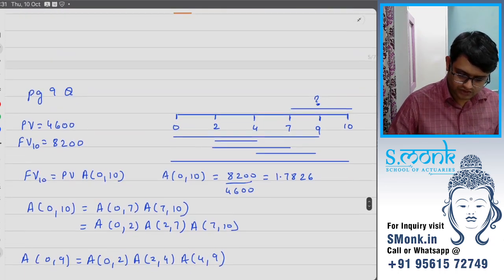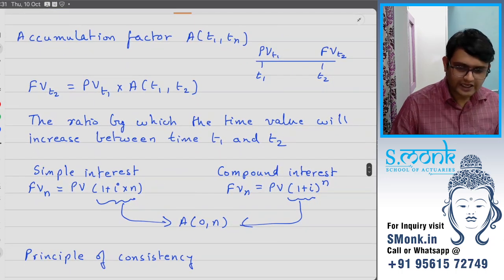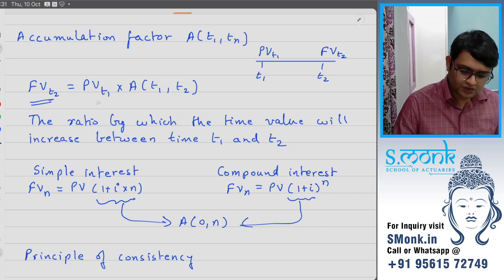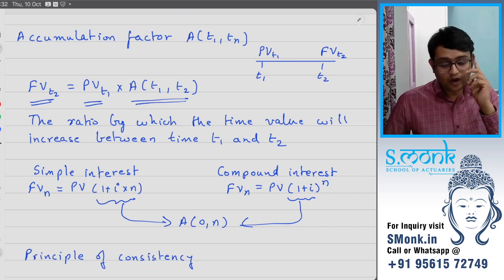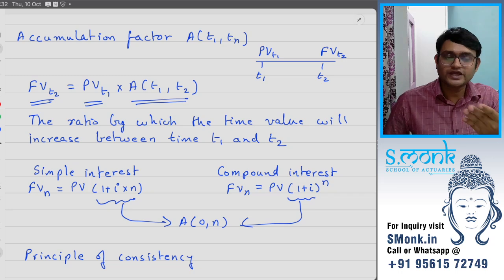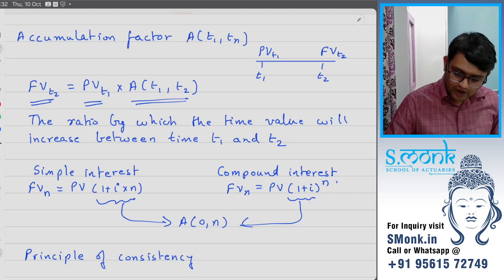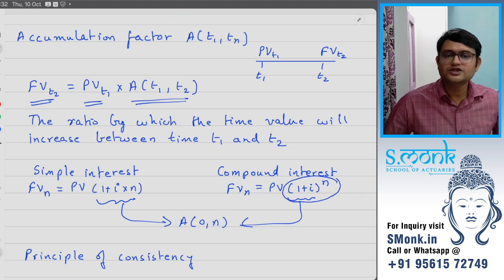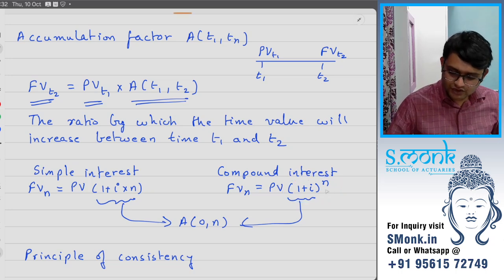Yesterday, when we were studying accumulation factor, we said that future value is equal to present value into whatever we write here, which is our accumulation factor. By how much does the value change? That is what our accumulation factor is. When we have compound interest, we say this 1 plus I raised to n is our accumulation factor, if we are going from time 0 to time n.